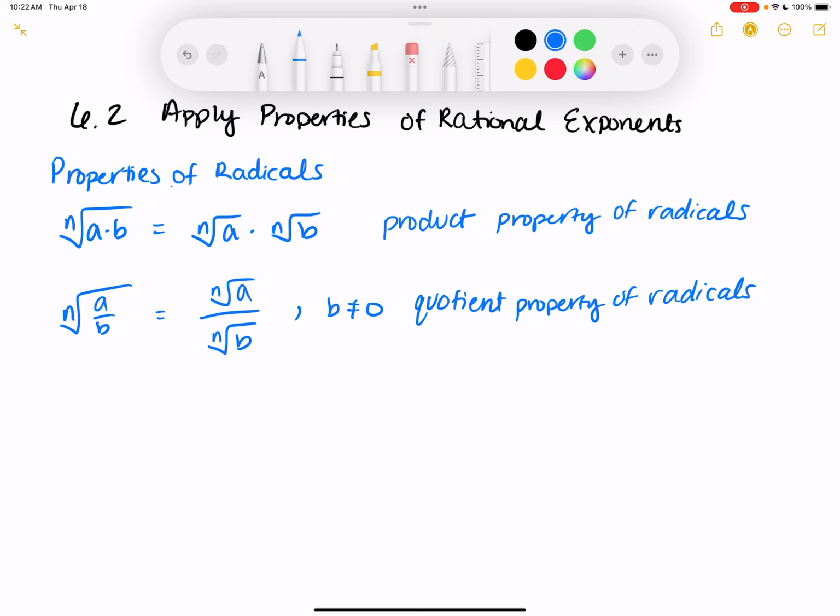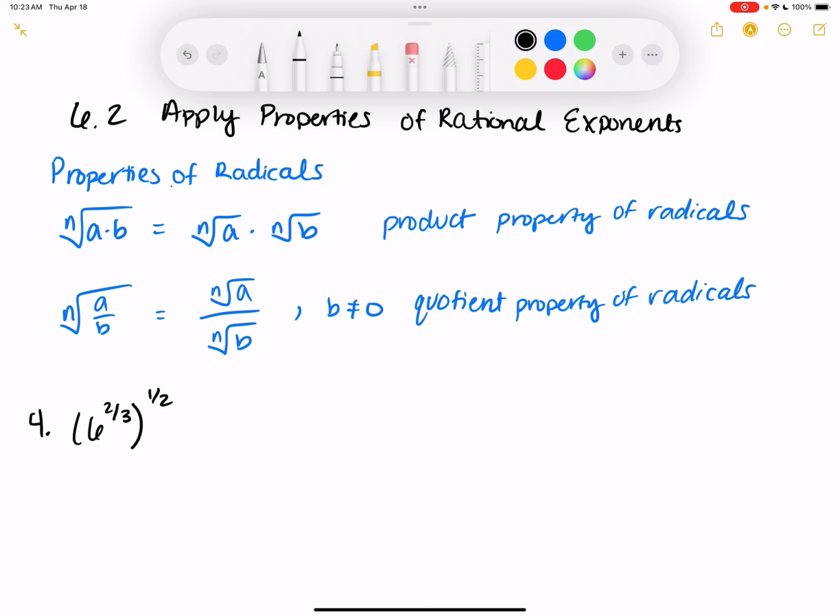So we're going to move into examples of this stuff. The first one says to simplify the expression. Number 4: 6 raised to the 2/3, all raised to the 1/2.